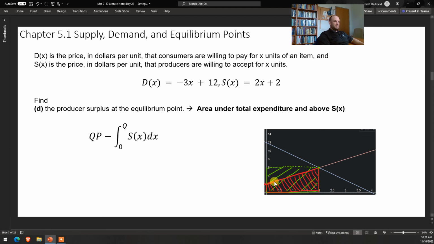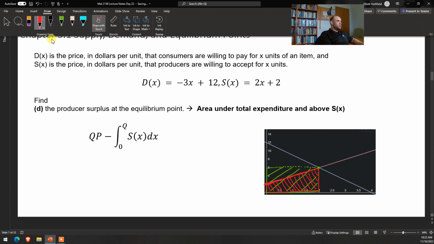This is the price that producers were willing to charge for X units produced, and this is the price that they actually charge given the equilibrium point. And so the difference of those areas represents the price above the producer curve and gives us the area of this triangle remaining.